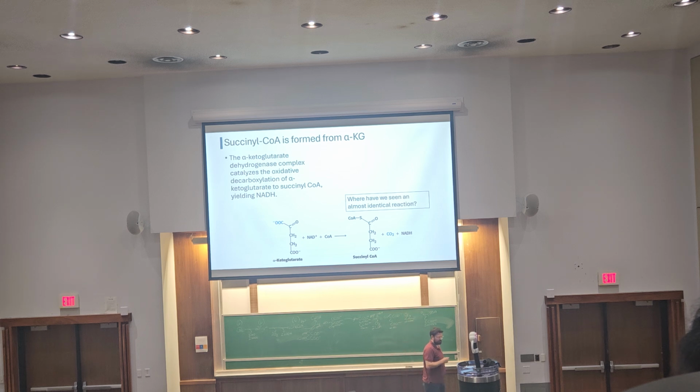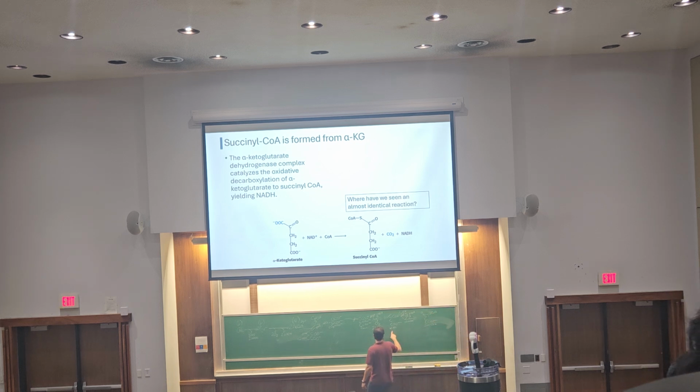What else do we have coming out of here? What's the other product? NADH, right? Which means we're getting NAD+ in. Right? So we have the NAD+ in and NADH out. And we also had a coenzyme A, giving us succinyl-CoA, right?